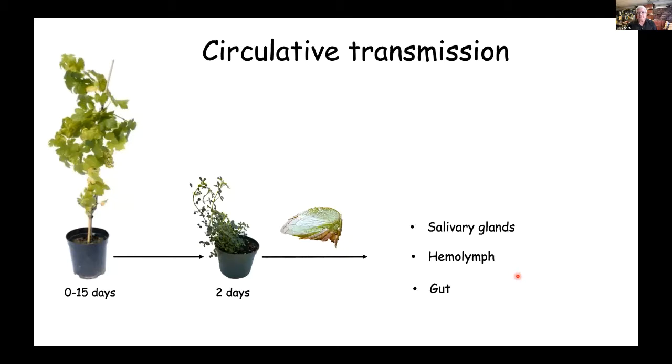We dissected the different organs. We dissected salivary glands, hemolymph, hemocoel, and gut. And we checked how long it would take for the virus to be detected in these different organs after the insects were exposed to infected vines, and they spent 2 days for gut clearing on alfalfa.